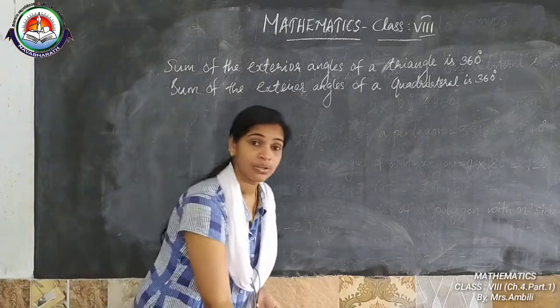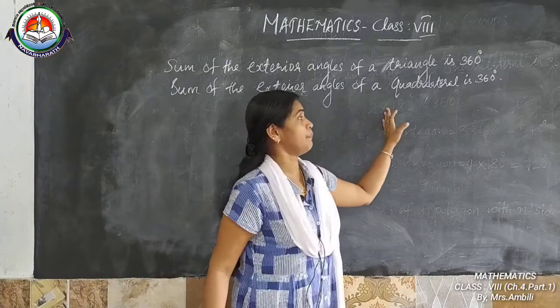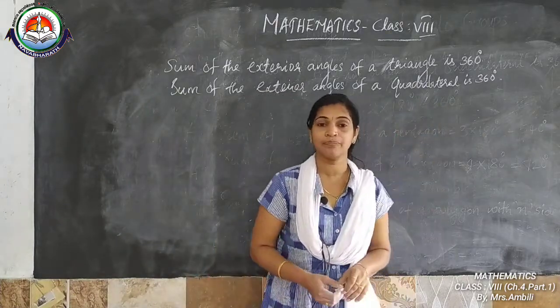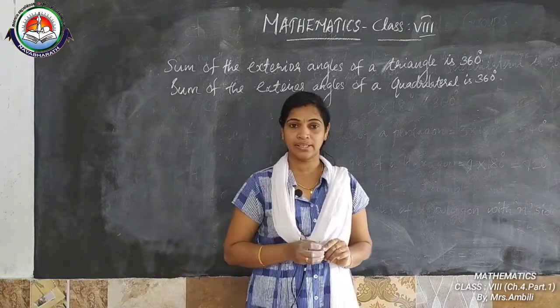Okay, so we can say that the sum of the exterior angles of a pentagon is also 360 degrees. The sum of the exterior angles of a hexagon is also 360 degrees.